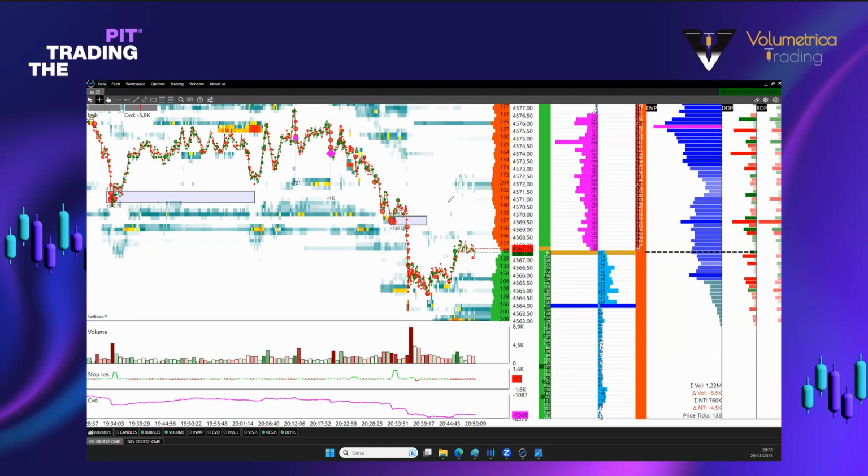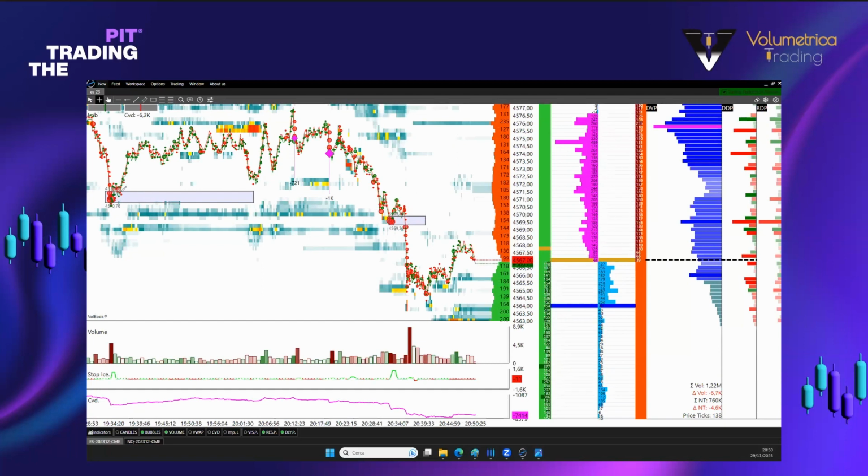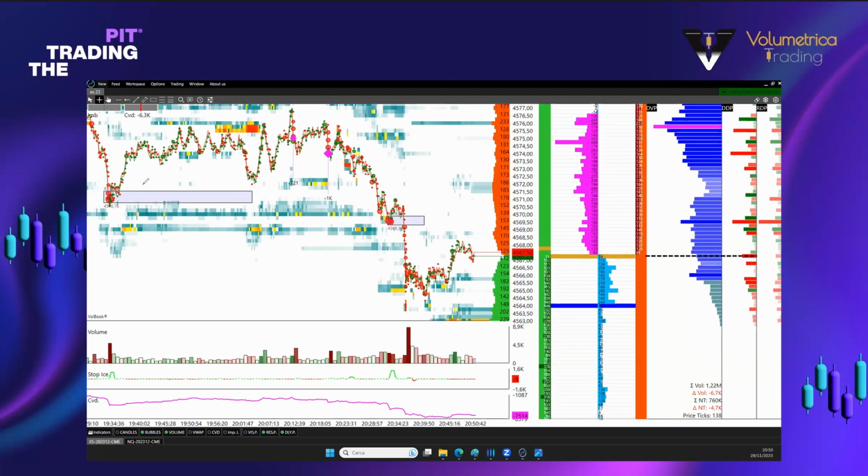Or else, even if I am entering a long position, but I am a large trader, of course I can't expect to enter with 3000, 5000 lots all in one single area. I will have to split my entries through different zones.